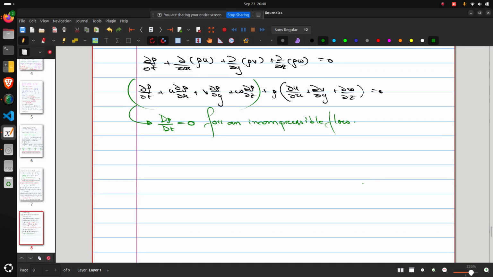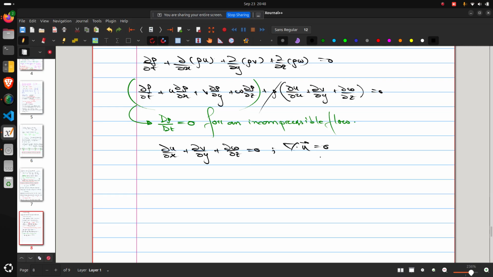So, if this goes to 0, what are we left with? Only this term, and we can just get rid of the rho term, and we are left with dou u by dou x plus dou v by dou y plus dou w by dou z equal to 0, and in vector form we can write it as the divergence of the velocity field is 0.